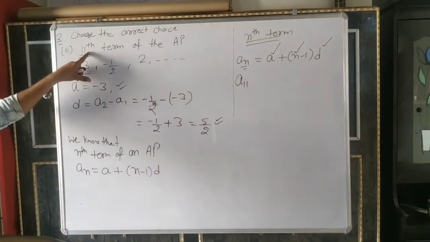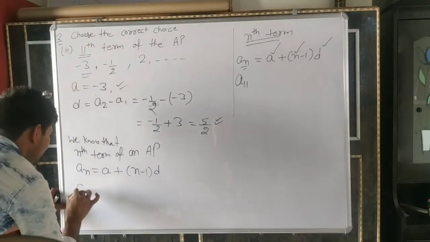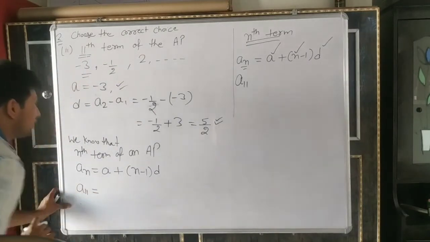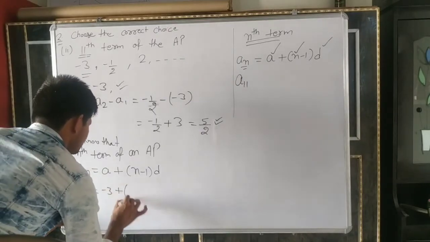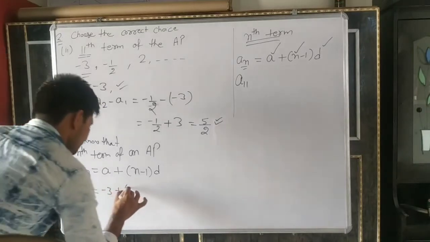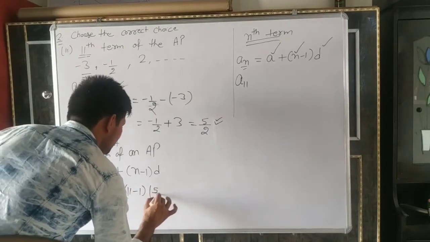But we want to find the 11th, so in place of n is 11. So a11 equal to a value minus 3 plus n is how much? 11 minus 1 into d. d is 5 upon 2.